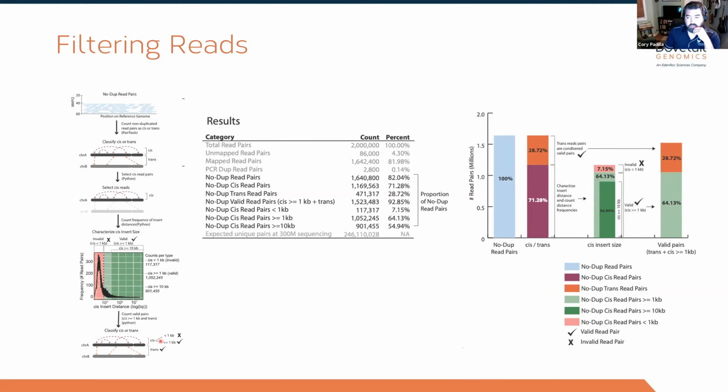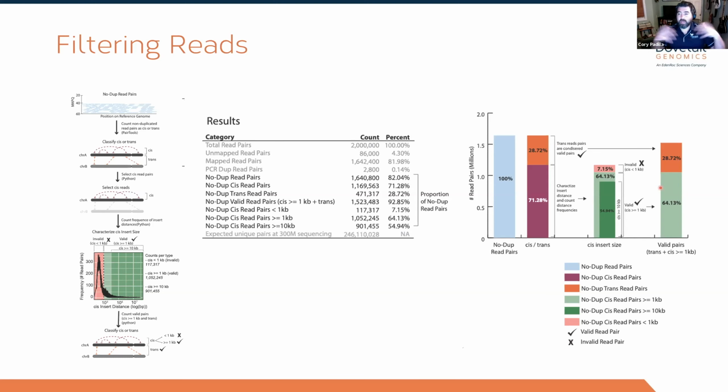And so now we can go through and bucket our reads as cis less than 1 kb as invalid, cis equal to or greater than 1 kb as valid, and then trans reads are valid. And then we're showing this as a proportion of no-dupe read pairs. So here, cis is 71% of the no-dupe read pairs, trans is 28.72% of the no-dupe read pairs, right? And then here's just a graphical representation of that.